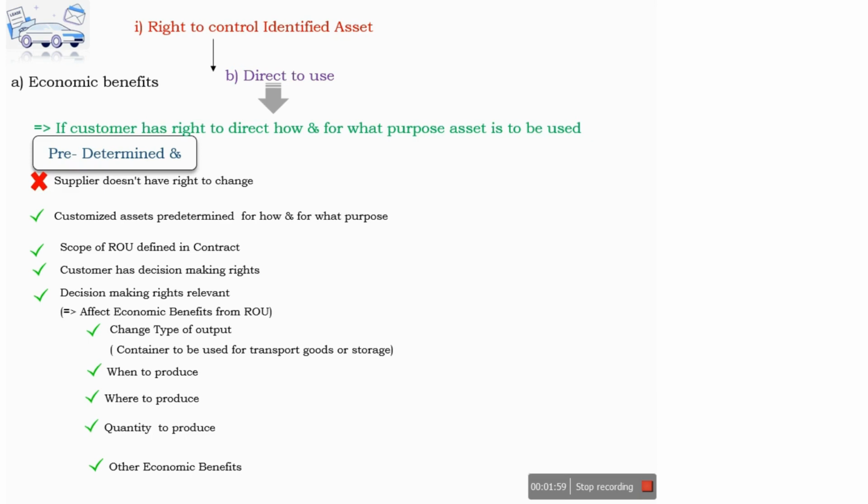There may be some protective rights of the lessor, and these protective rights typically define the scope of the customer's right to use, but do not in isolation prevent the customer from having the right to direct the use of the asset.